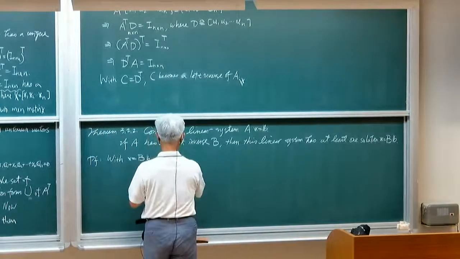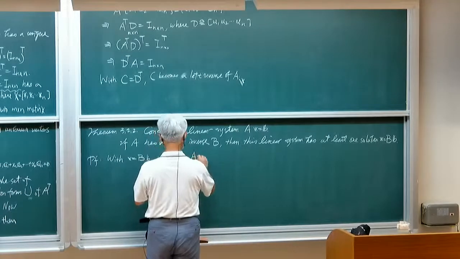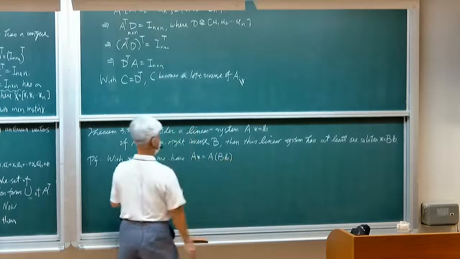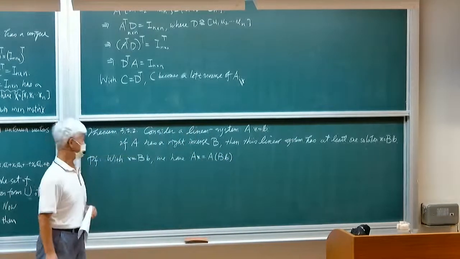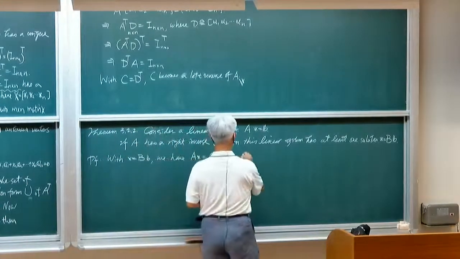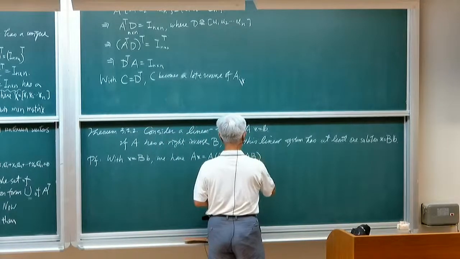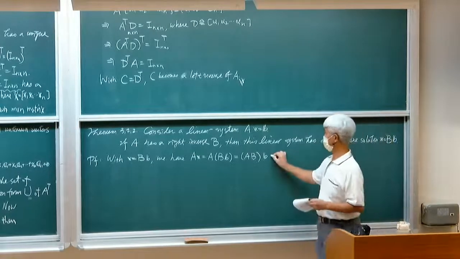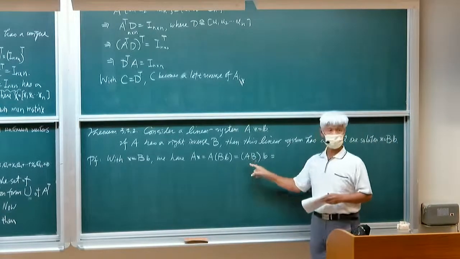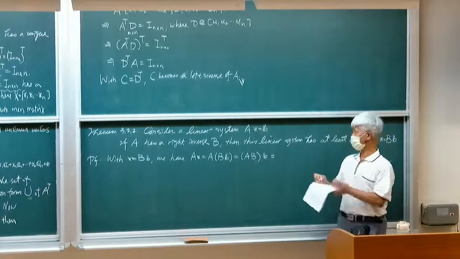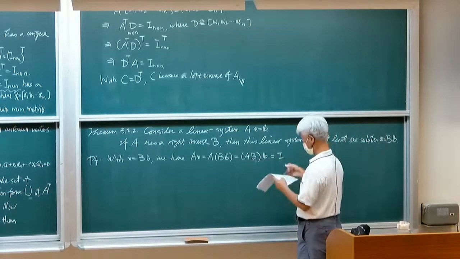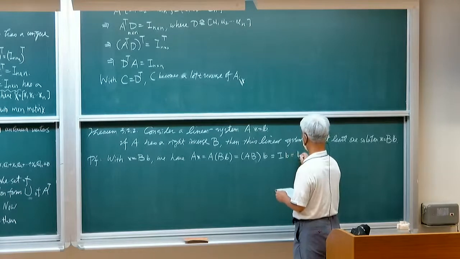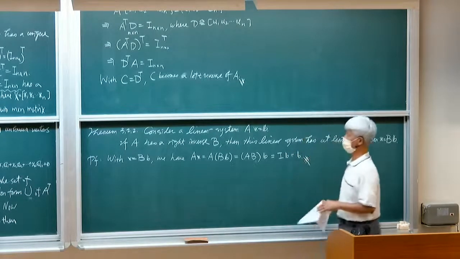We check by substitution, and by the associativity of matrix multiplication we have this one, and because B is a right inverse of A, this is the identity matrix times b, so this is b already, and we have done.